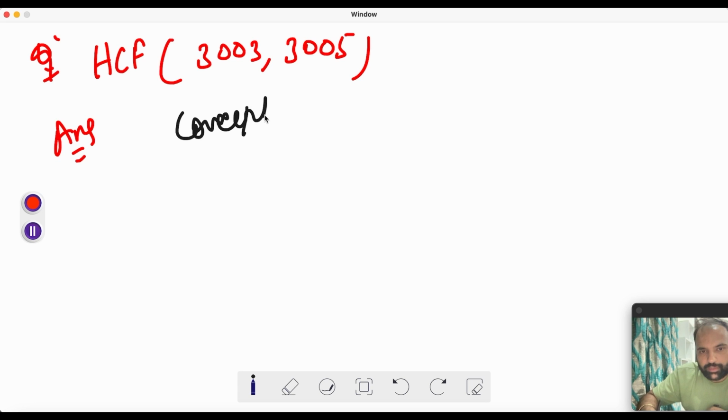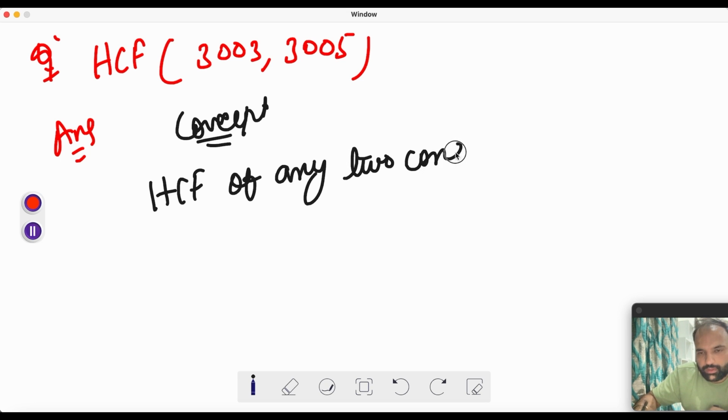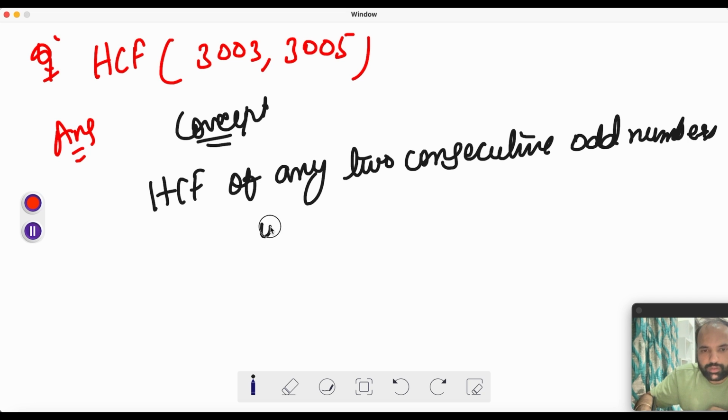The concept is, as we have studied earlier, the HCF of any two consecutive odd numbers will always be 1.